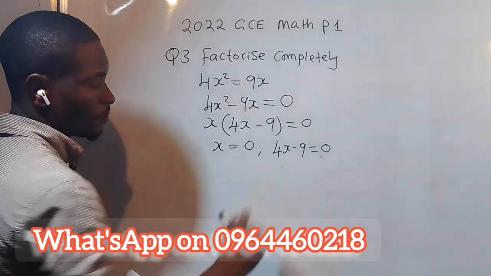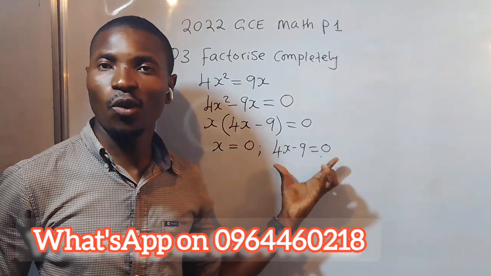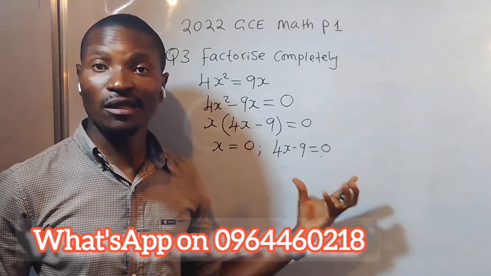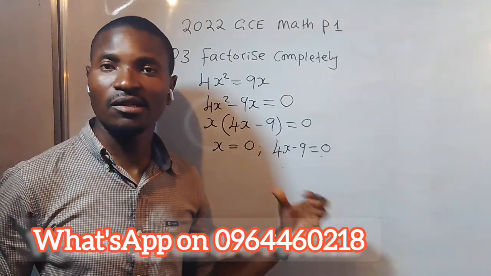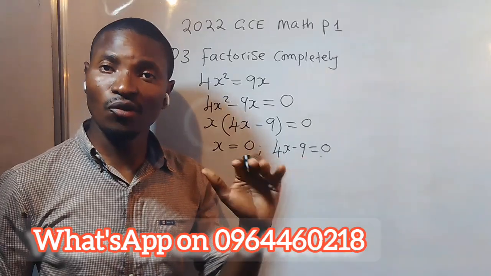Now this part becomes an equation in one variable, or simply a linear equation. We know how to solve a linear equation just by isolating, collecting the like terms, and making whatever variable is the subject of the formula.